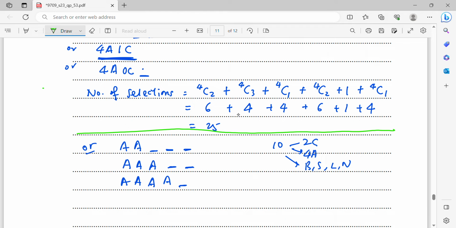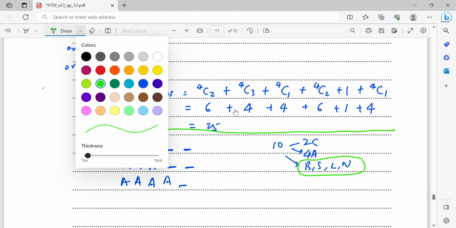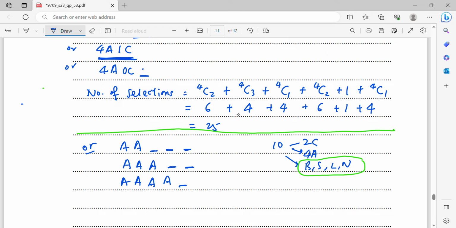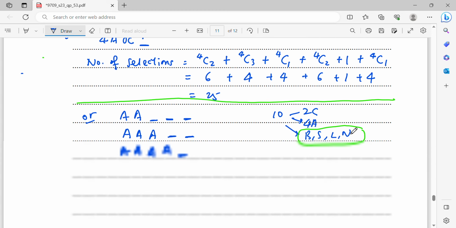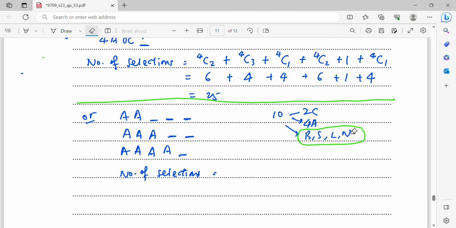Now, from here, I just consider choosing from B, S, L, N. That means the number of selections. Now, when you just consider B, S, L, N, you did not consider this condition. So to get at least one C, at least one C means that I have to include the C over here.